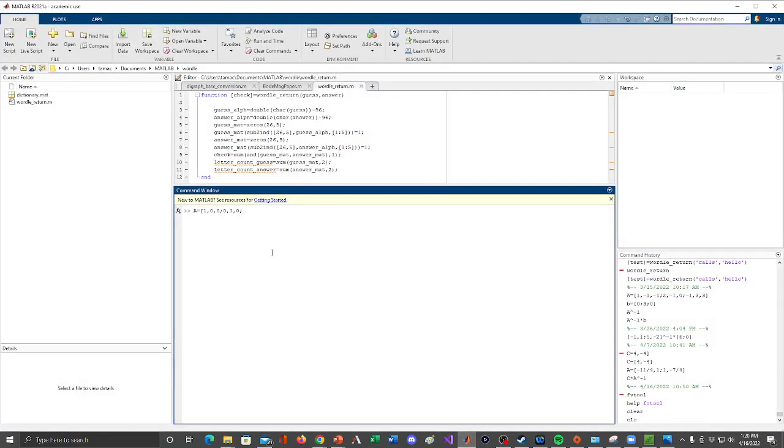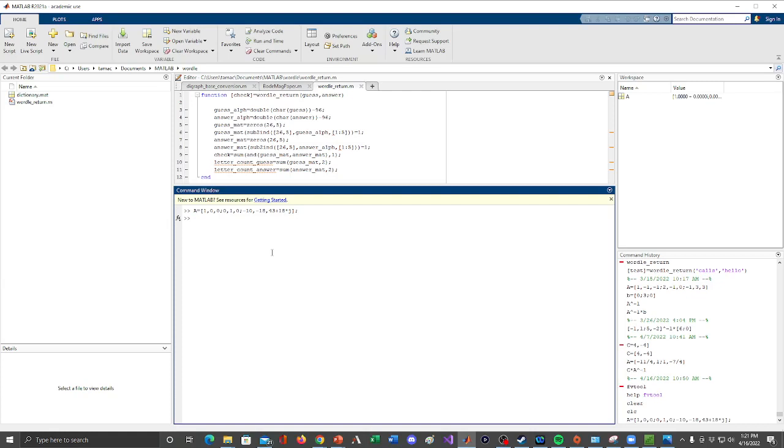So it's minus 10, minus 18, and like 43 plus 18j. Pretty sure MATLAB won't let you write 18j without a times. We might try to find out in a minute.